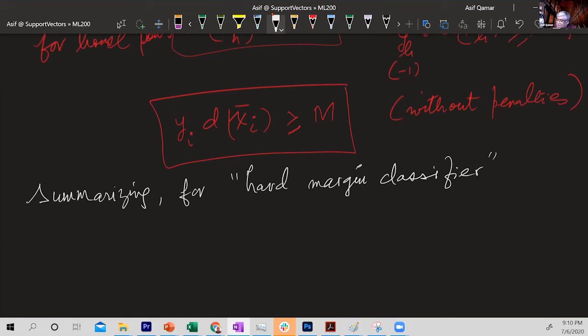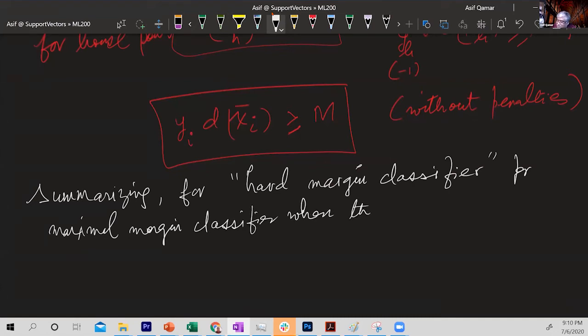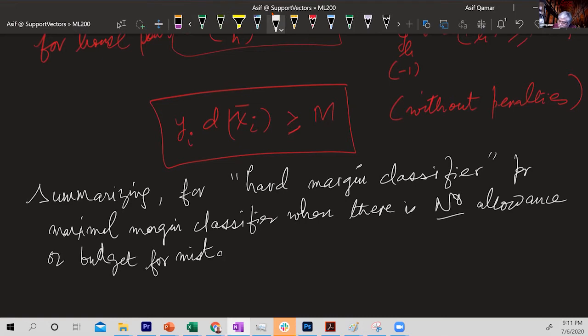For maximal margin classifiers, when we don't allow for mistakes, when there is no allowance or budget for mistakes, we are talking about the hard margin.